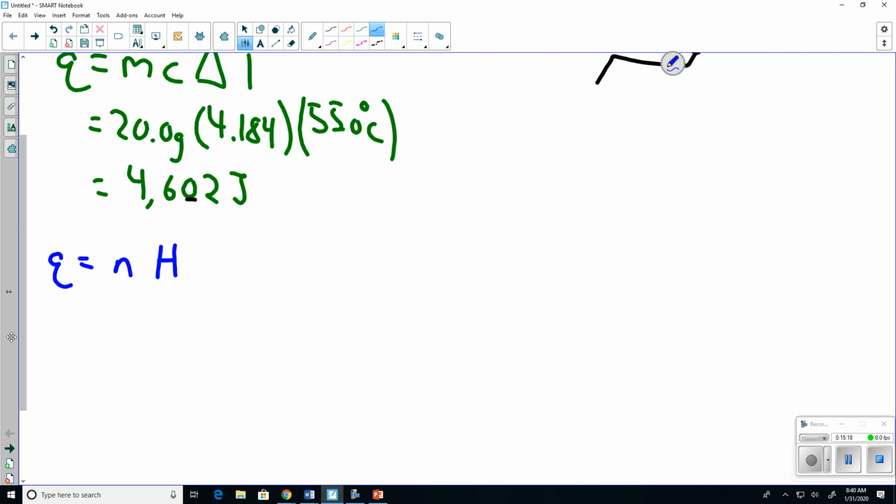Now, this is slightly different than what we did in Chem 1. Because what I did in Chem 1 with these two values I'm pointing to on the whiteboard right now is I converted them to joules per gram. That way, all they had to do is take the mass times the heat of fusion or the mass times the heat of vaporization.